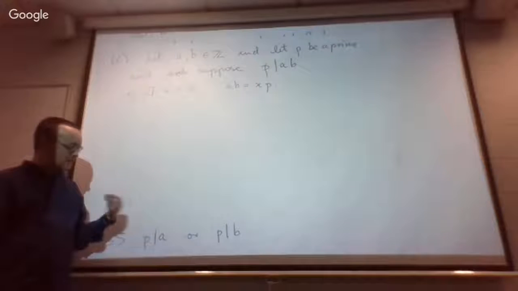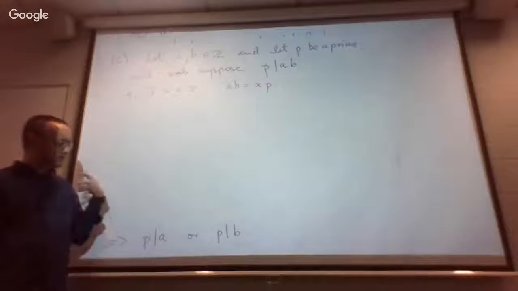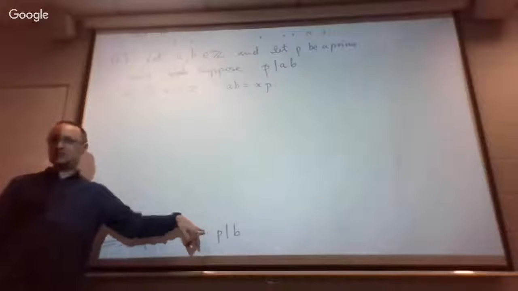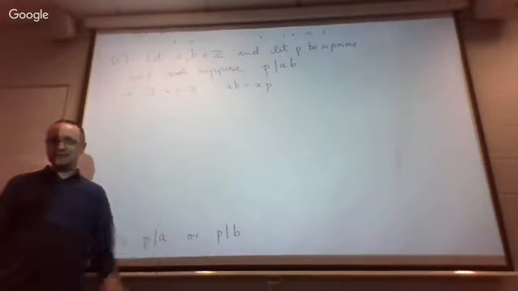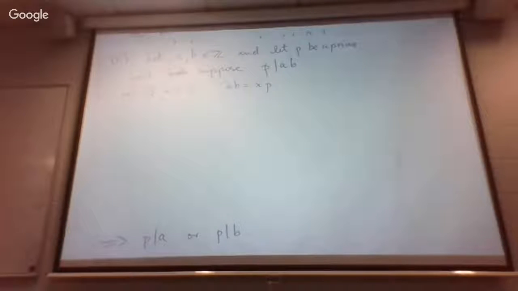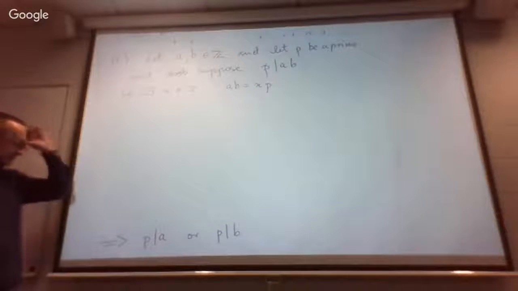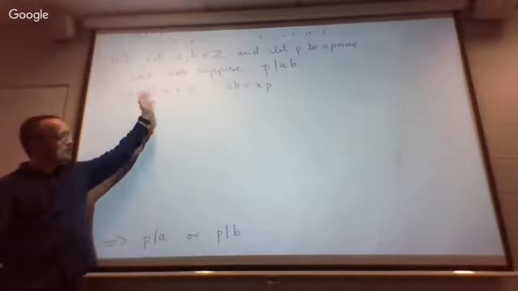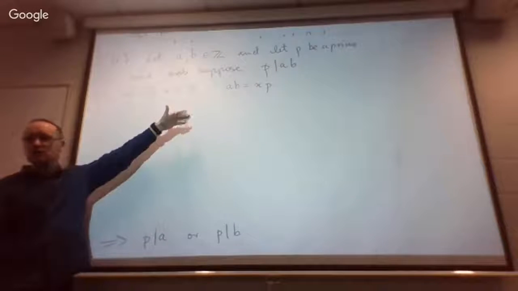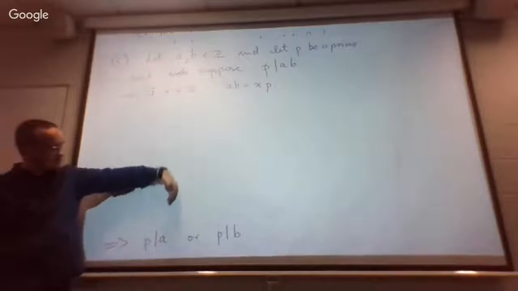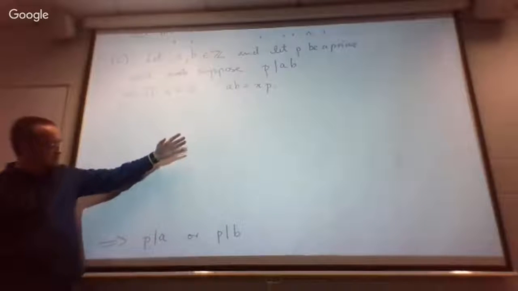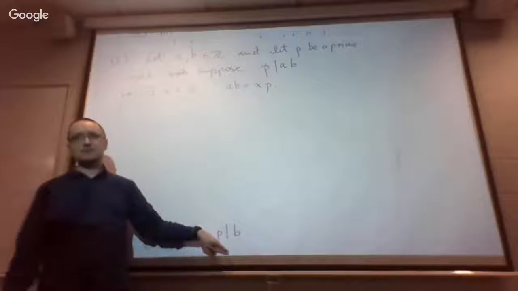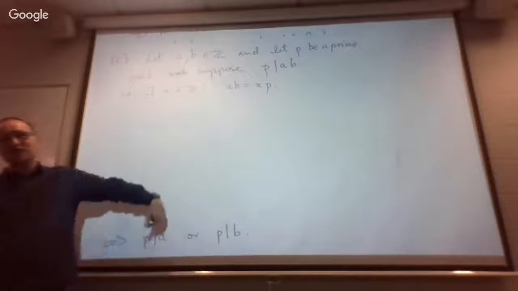There's a very nice approach which we often use if you're trying to prove a final conclusion which is in the form of an or statement. Trying to prove this directly might be tricky, because if P, A, and B are general, you're not going to be able to prove that P must divide A, and you're not going to be able to prove that P must divide B, because it could be either conclusion.